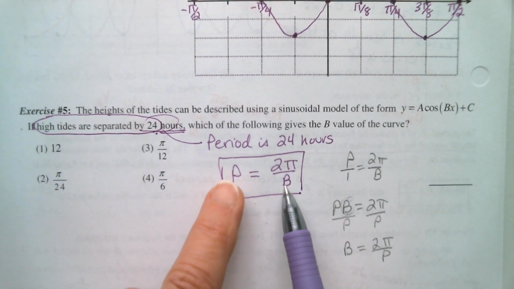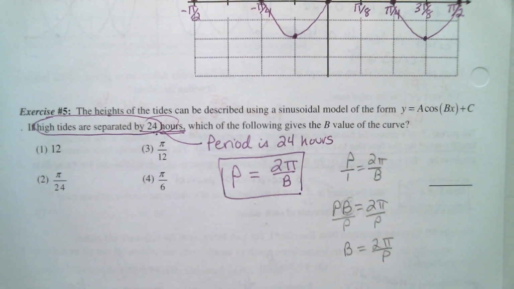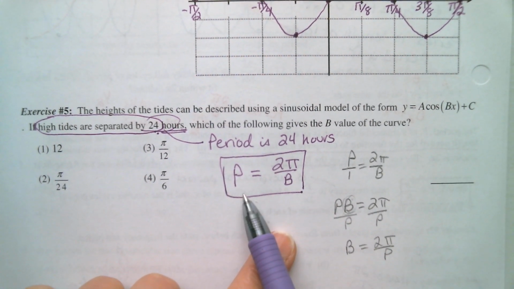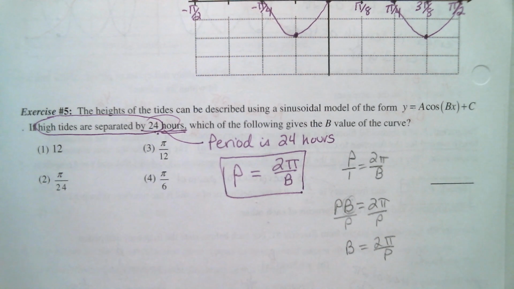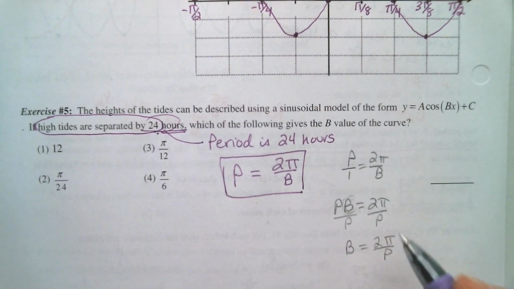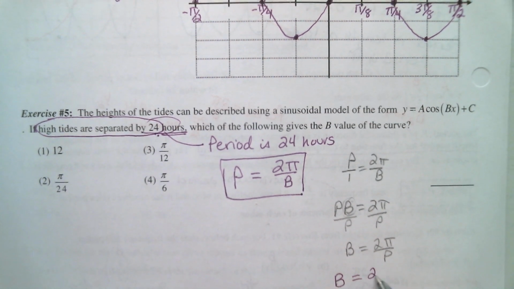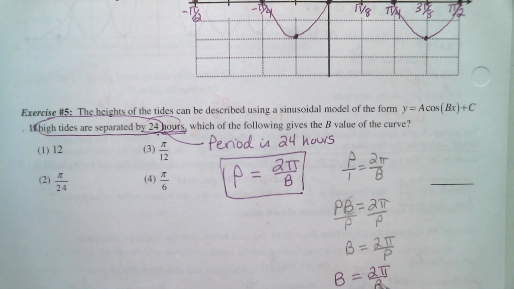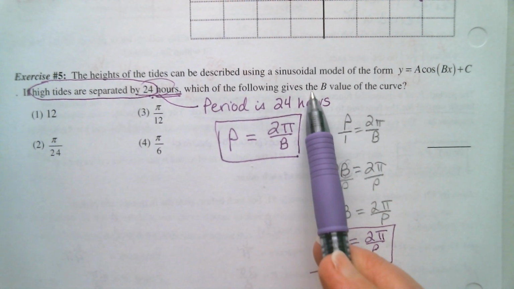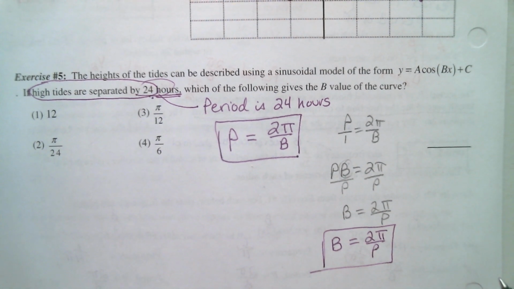It's the same as you can simply switch those. Because if these were switched, you're still multiplying. When you would cross multiply, you still end up with pb equals 2 pi. So you also want to know that b is equal to 2 pi over p. Which of the following gives the b value of the curve?